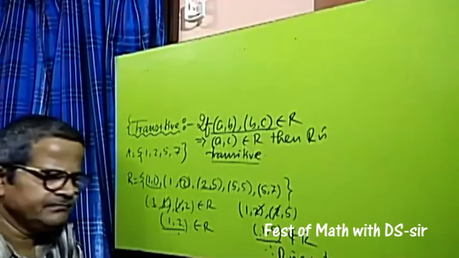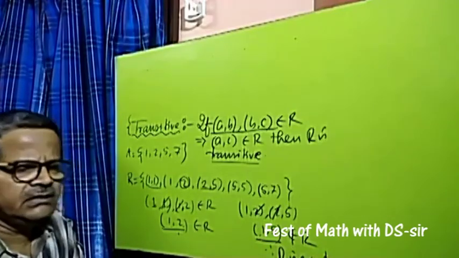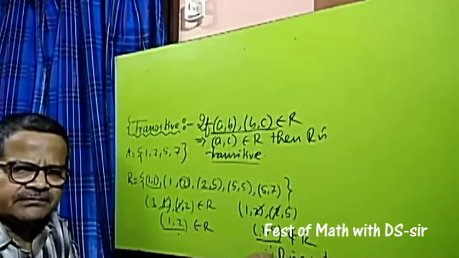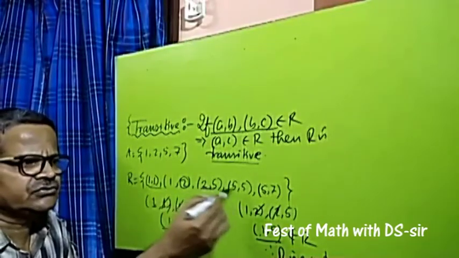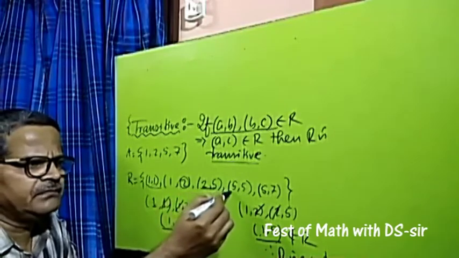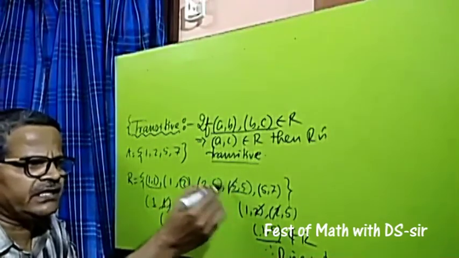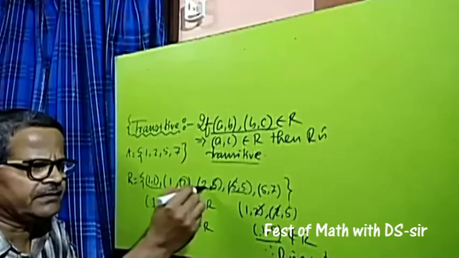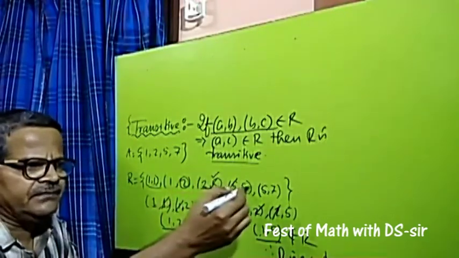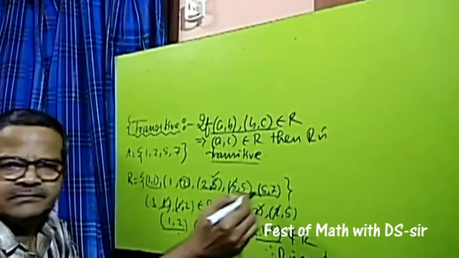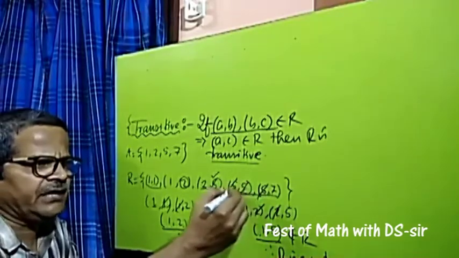Checking complete. Up to this your answer is complete. I can again check these two. Now see (2, 5), (5, 5). After eliminating 5, we get (2, 5). See, (2, 5) is there. Now see (5, 5) and (5, 7). After eliminating 5, we get (5, 7).